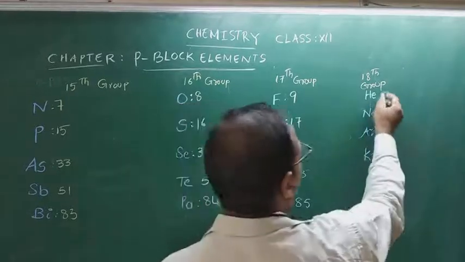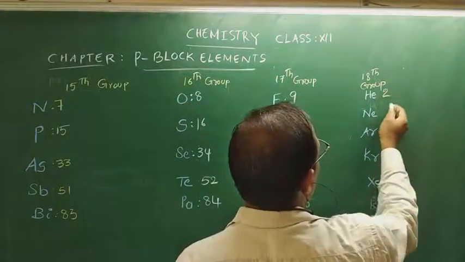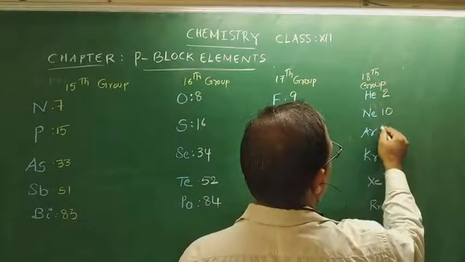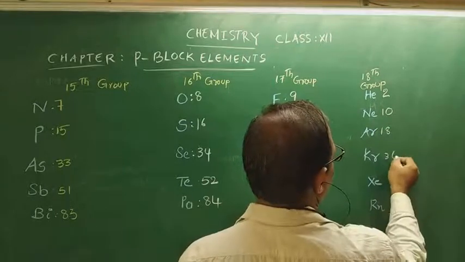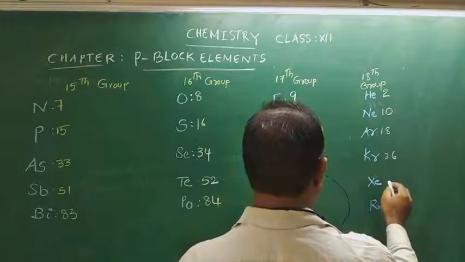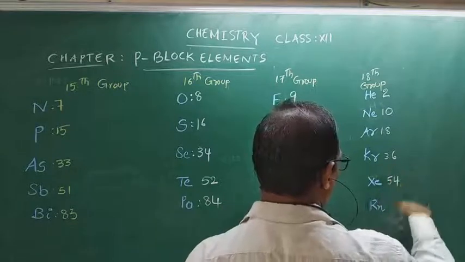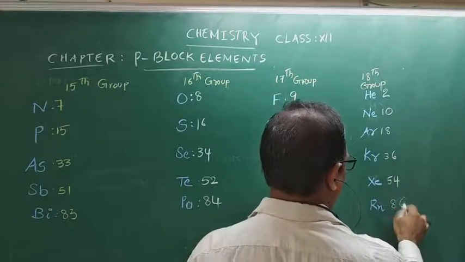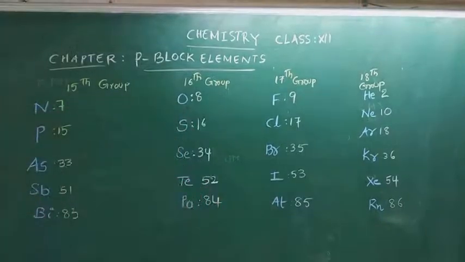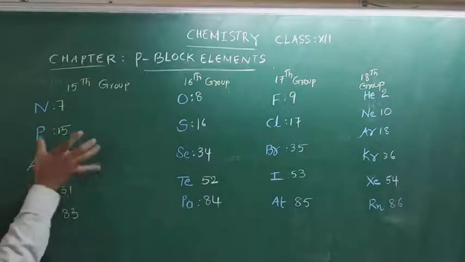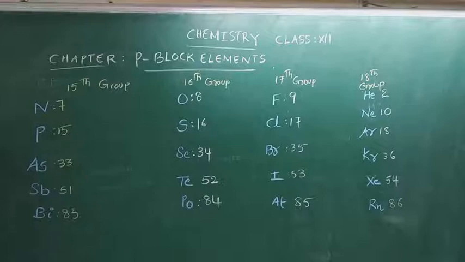Even the same, helium atomic number 2, neon 10, argon 18, krypton 36, xenon 54 and radon 86. These are the elements present in their respective groups.